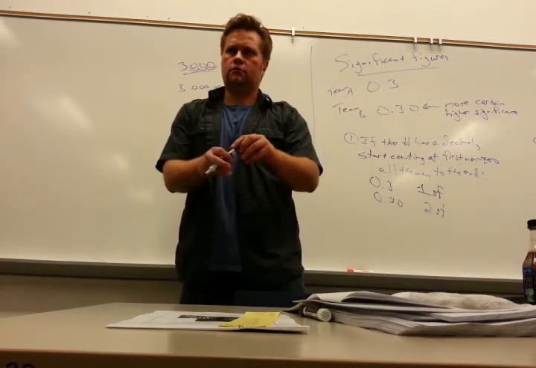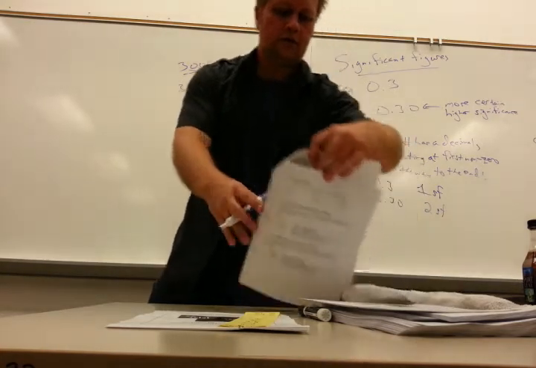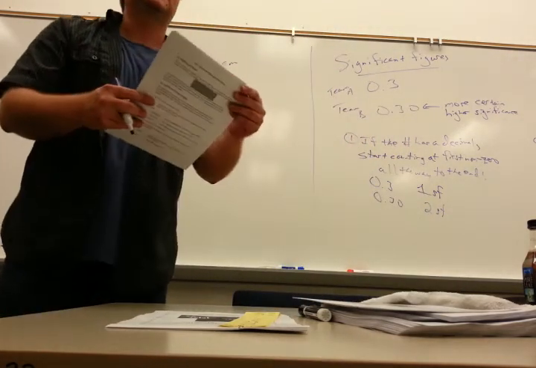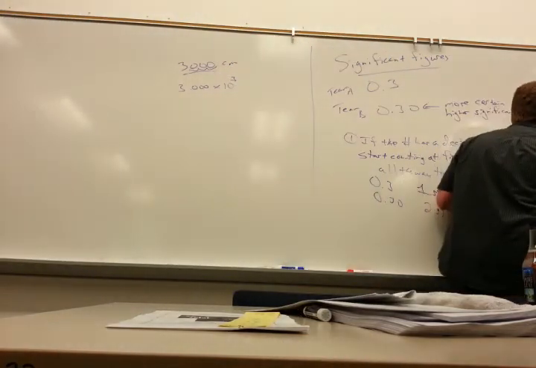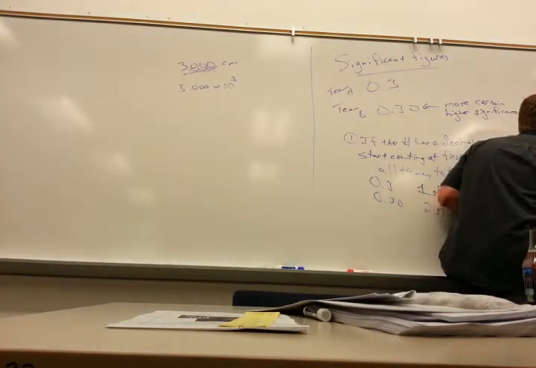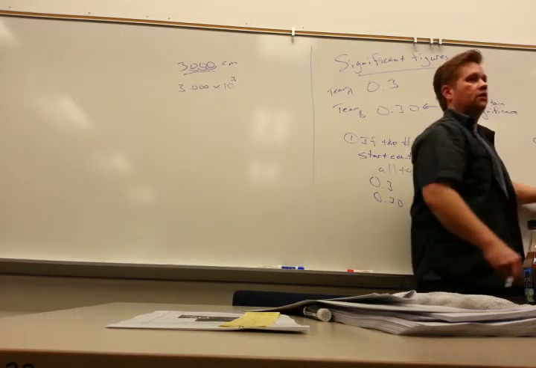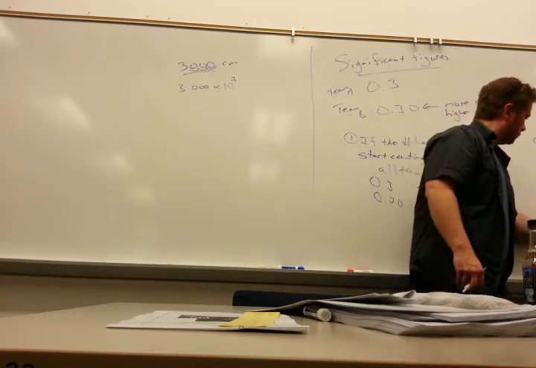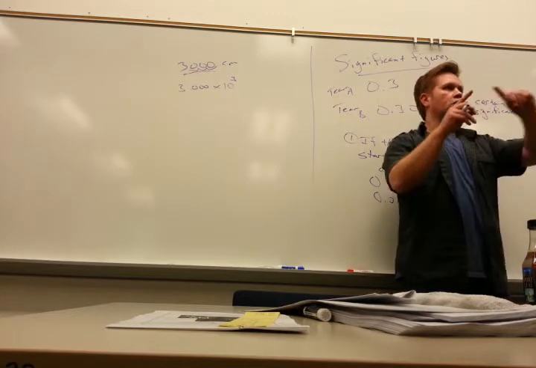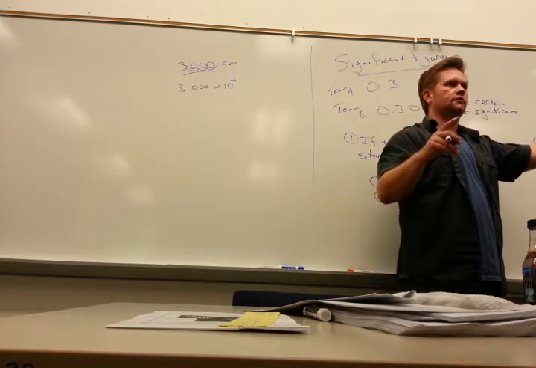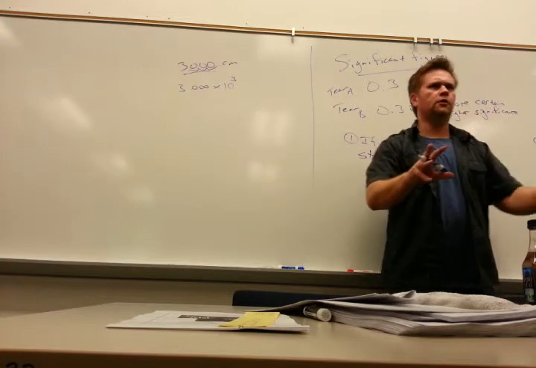Not at all. Say again? Yeah, you would. If I put that versus this, they're both the same number mathematically, but that has 5, because now with a decimal, I count all the way to the end. You guys still with me a little bit?